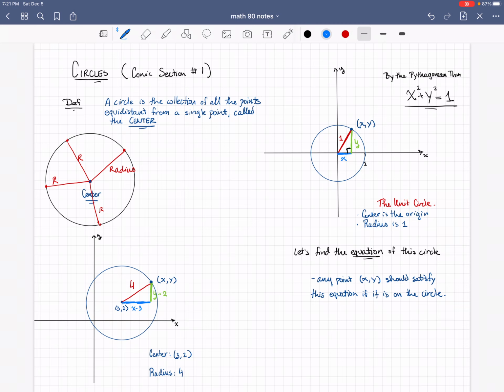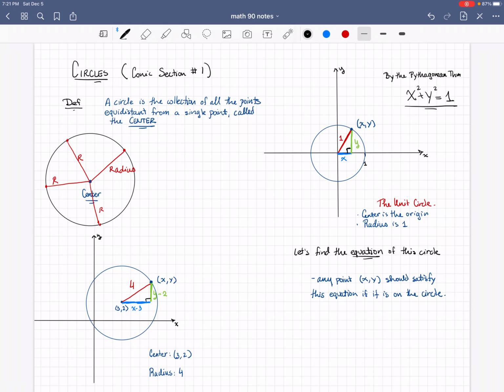So what that tells us is, again, it's a right triangle, and the Pythagorean theorem applies to any right triangle, which says the sum of the squares of the lengths of the legs is the square of the length of the hypotenuse.